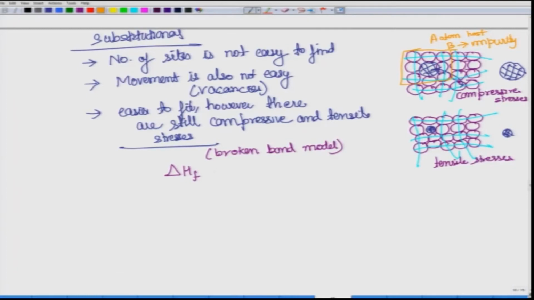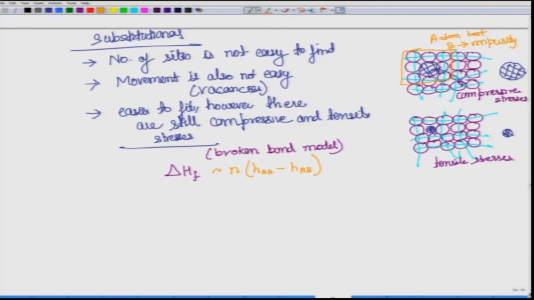So, depending on the crystal structure, there will be n number of nearest neighbors. So, this will be n times the difference between HAA, which is the bonding energy between the same type of atom which were originally present, minus the energy that has been released by formation of the impurity bond, HAB.